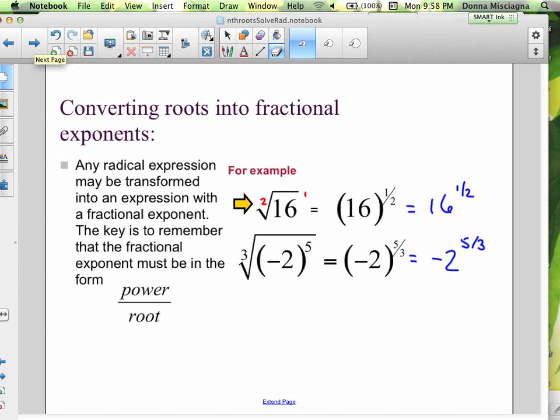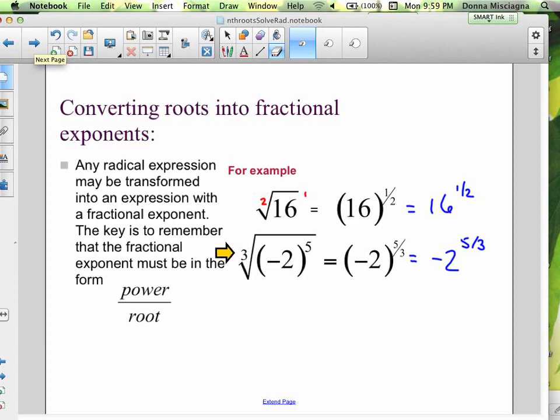Normally we don't write an exponent of 1 or an index of 2, but those would form the exponent on our radicand. So the radicand 16 becomes the base, and whatever exponent was on 16, in this case 1, is the numerator, and the index to the radical is the denominator. So square root of 16 is the same as 16 to the 1/2 power.